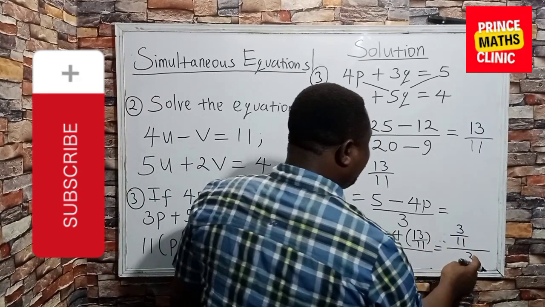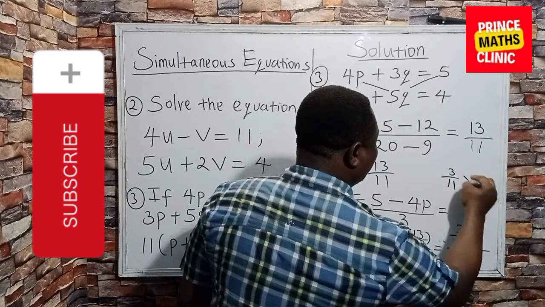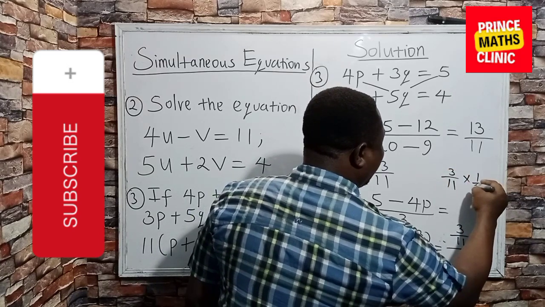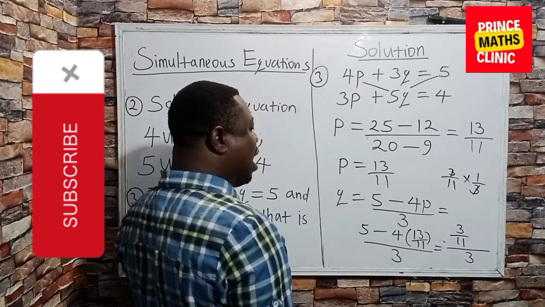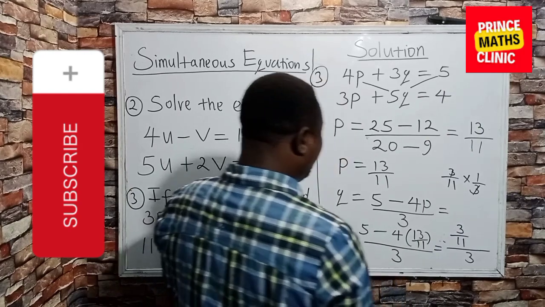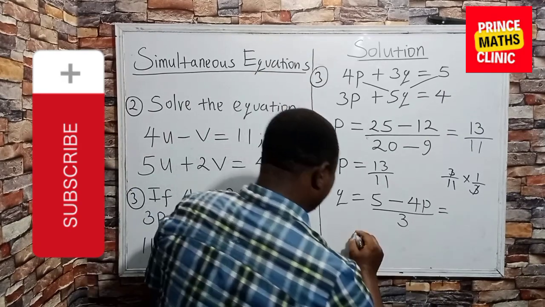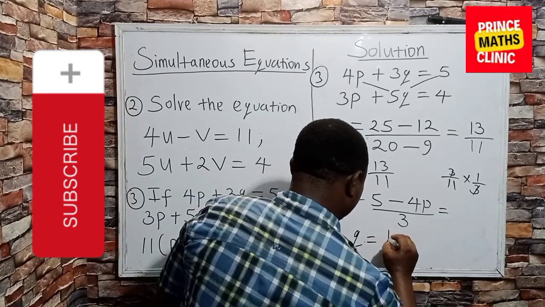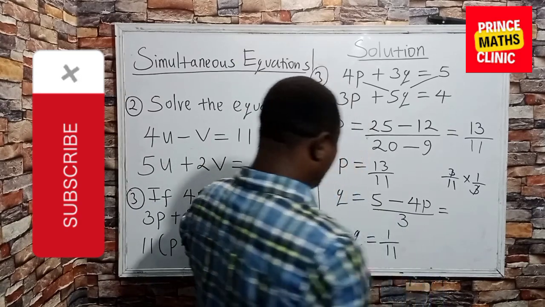So when you now say 3 over 11 divided by 3, it becomes 3 over 11 times 1 over 3. So 3, we cancel 3, you get 1 over 11. So it means the value for q is 1 over 11. That is the value for q.